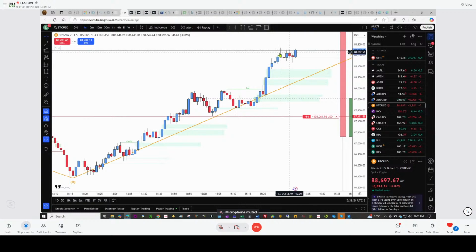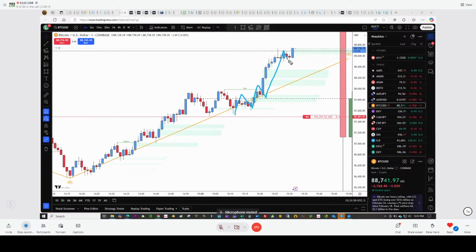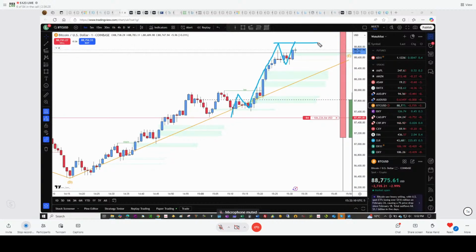We're still not done. So 1, 2, another 1, 2, 3, 4. So we're still going. I'm looking for that sweep again. So this could be it now. There's our structure, 1, 2, 3, 4, 5. So look for the sweep, and then a 1, 2, 3 top.